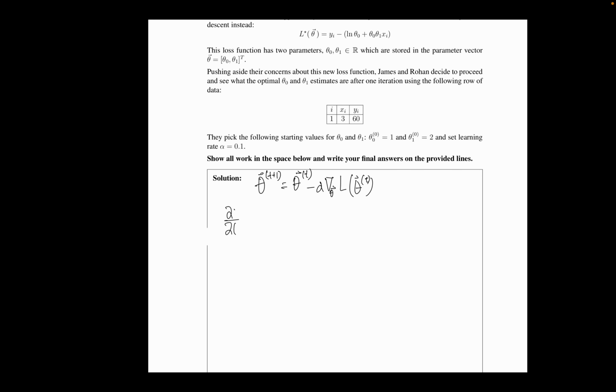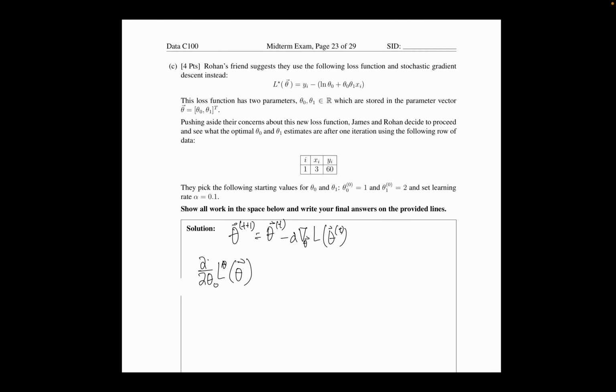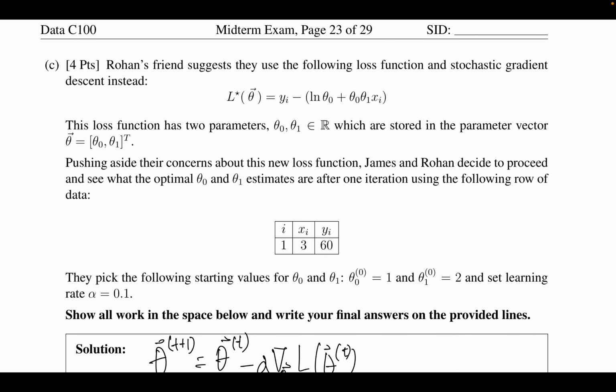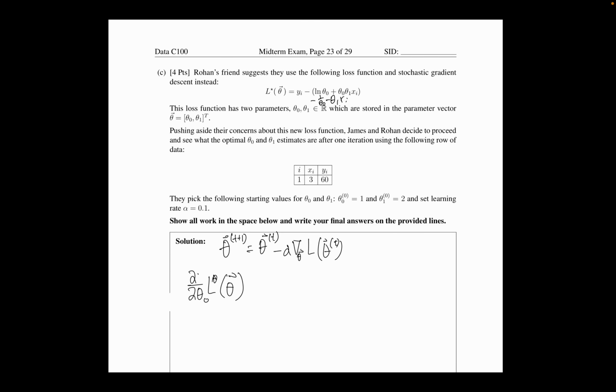The partial derivative with respect to theta 0, including the negative, would be negative 1 over theta 0 minus theta 1 xi. So let's plug that in.